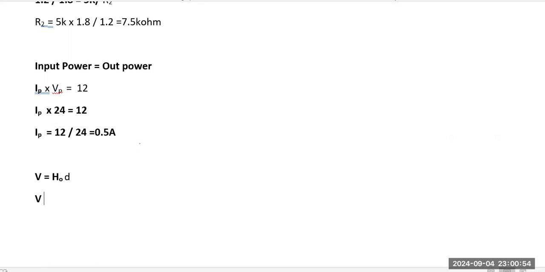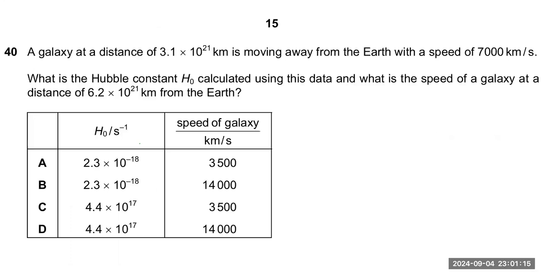You have to find V, which is equal to the value of Hubble constant, 2.3 multiplied by 10 raised to the power minus 18, multiplied by the distance, which is 6.2 × 10^21 kilometers. The answer is in kilometers, so you should note the prefix kilo as 1000.